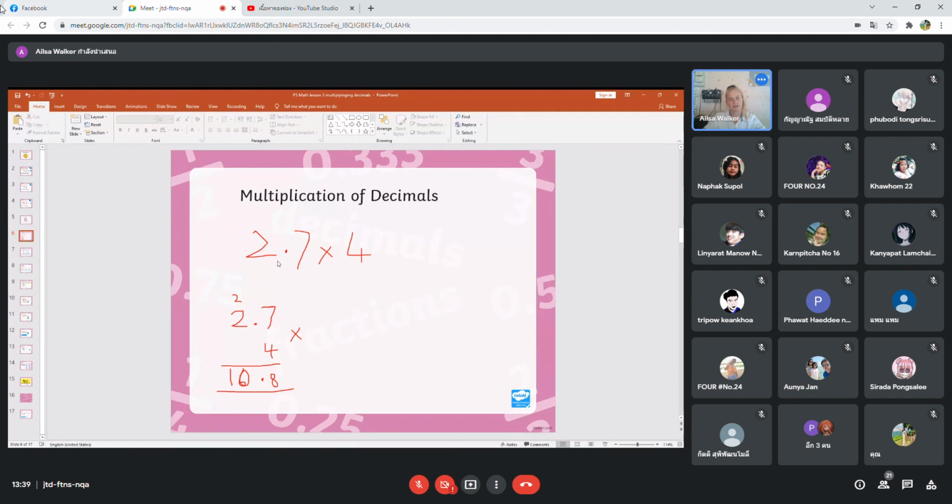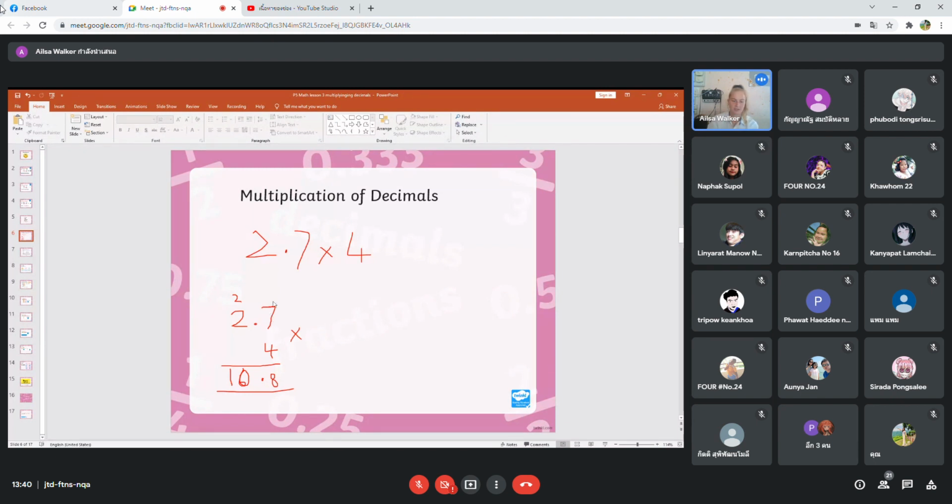So here, my multiplication is 2.7 multiplied by 4. We use our multiplication method here, so we would write 2.7 times 4.